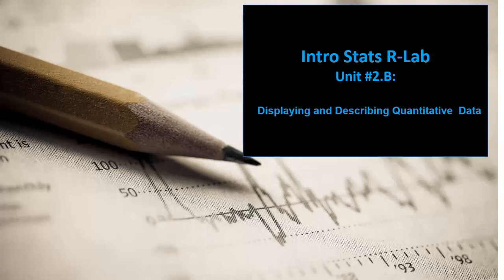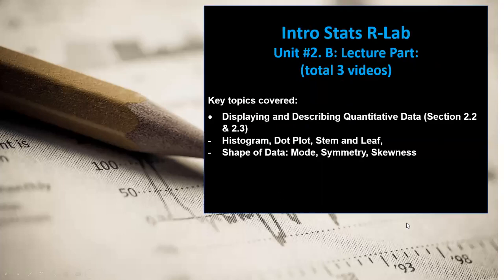In the second part of the R Lab, as always, the lab has two parts, the lecture part and the video part. For the lecture part, I have a total of 3 videos.